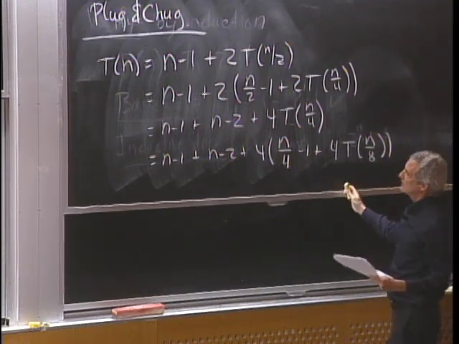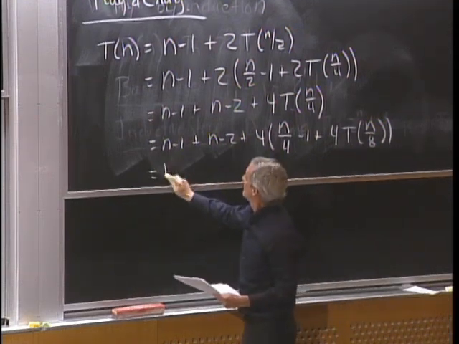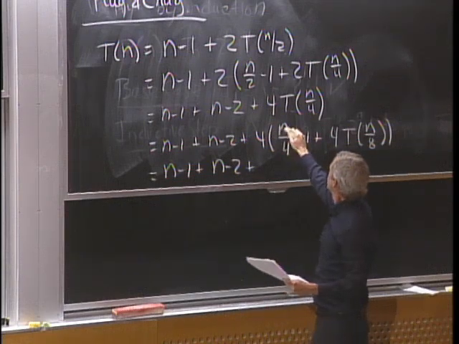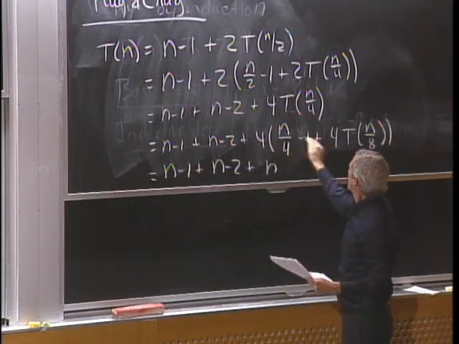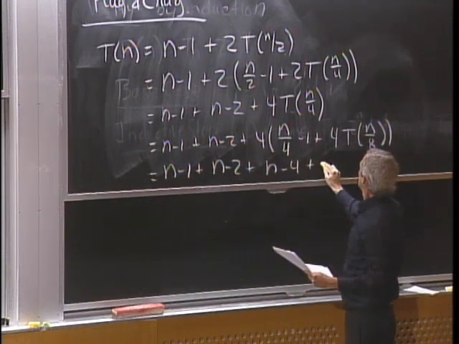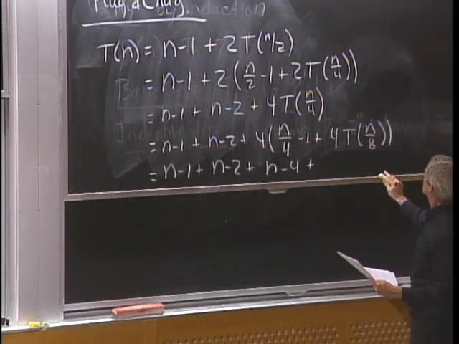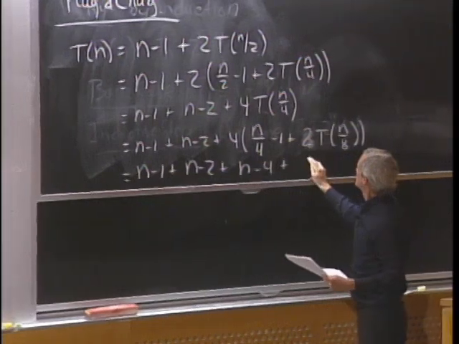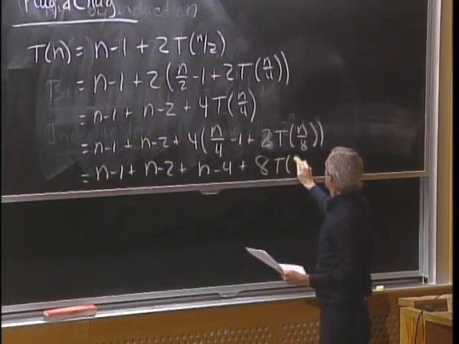And now we chug. That's an n here, minus a 4. I did something wrong. I plugged in, that should be 2. 4 times 2 is 8T(n/8).